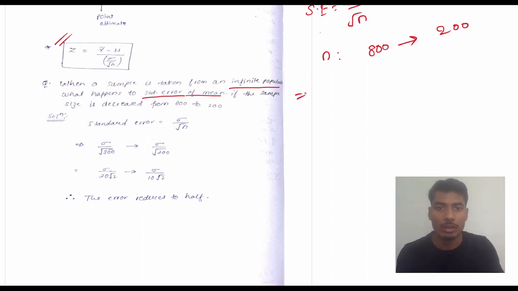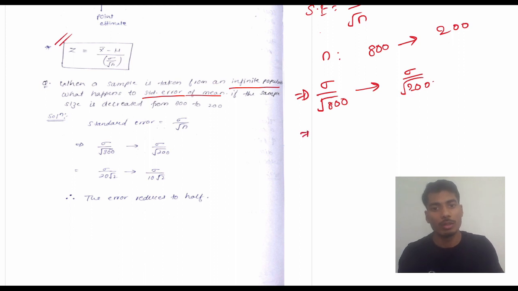Now see what we have to do. First standard error is sigma by root 800 because the initial sample is 800, and then it will be sigma by root 200. If you solve this, you can get sigma by 20 root 2, and this one is sigma by 10 root 2.